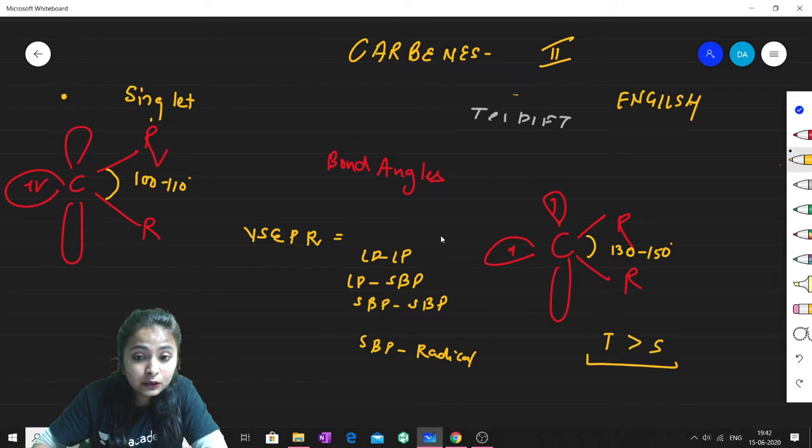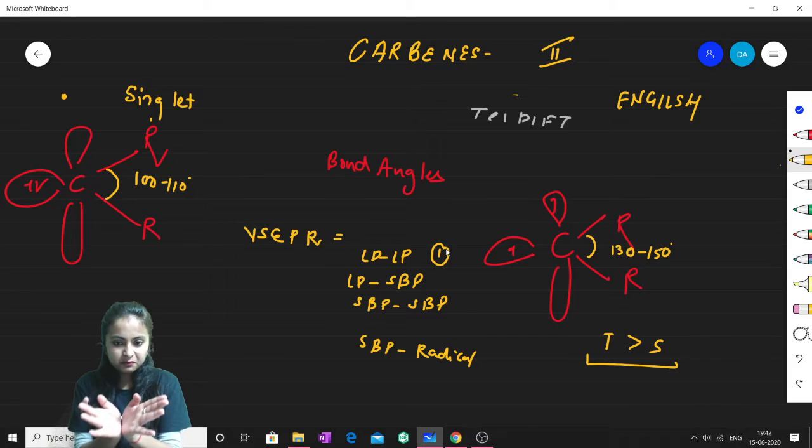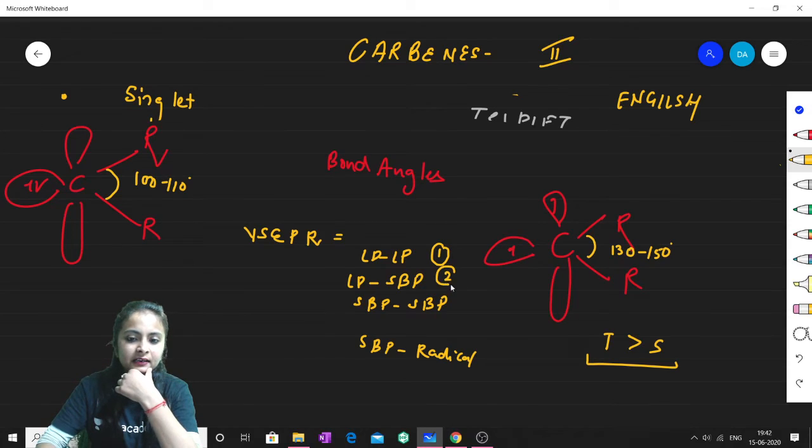So this concludes that lone pair repulsion is most, so the atoms will move farther from each other. This is second, this is third priority, and this is fourth priority.